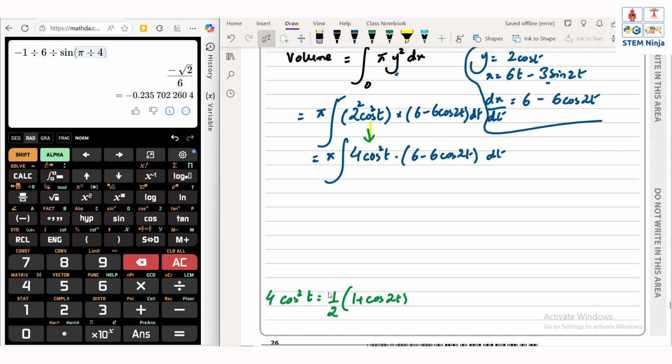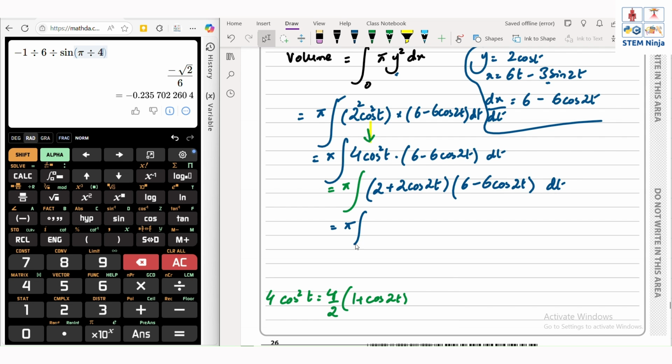So 4 times this becomes 4 divided by 2. So this becomes pi times 2 plus 2 cos 2t times 6 minus 6 cos 2t dt.